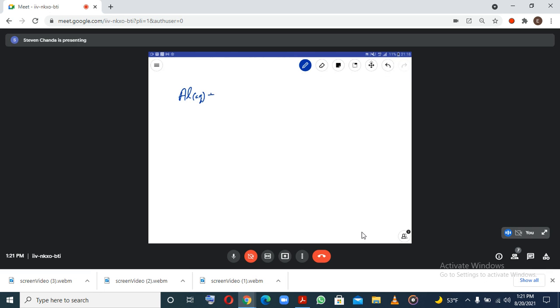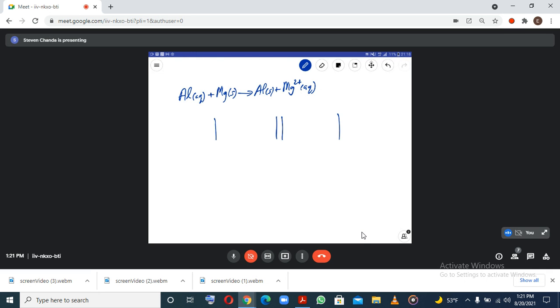Then that's going to be magnesium. Then you're going to have aluminium, then magnesium. So when you're drawing the line notation, you're going to have that, then that, then that.